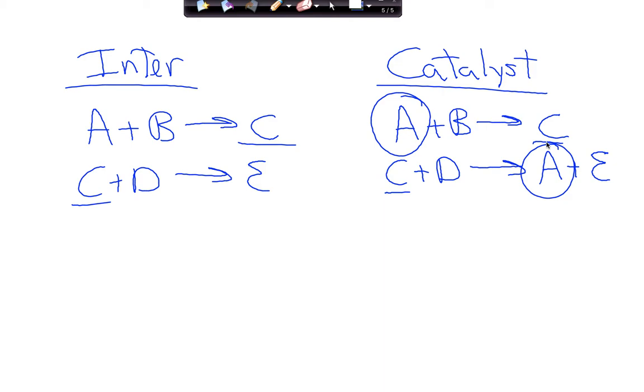So guys, intermediates are created and then consumed. Catalysts are consumed and then created. Do you see the difference? So intermediates are created and then consumed. You never know they're there. Catalysts are consumed as reactants and then created as products. So they show up on both sides of the reaction.